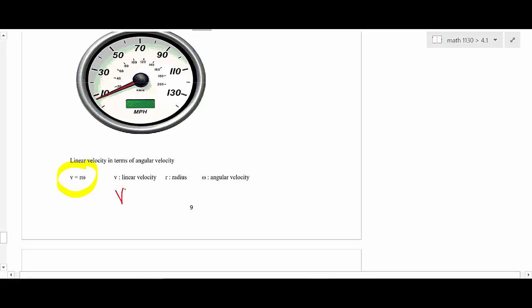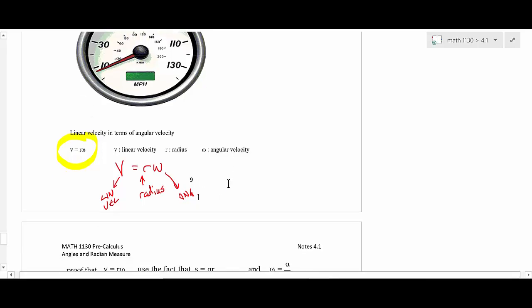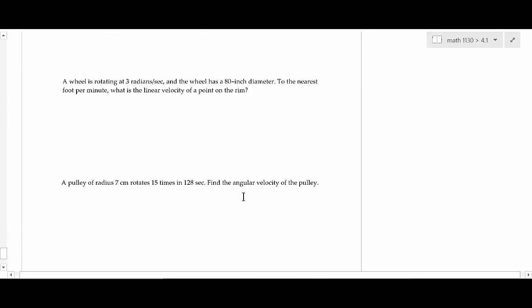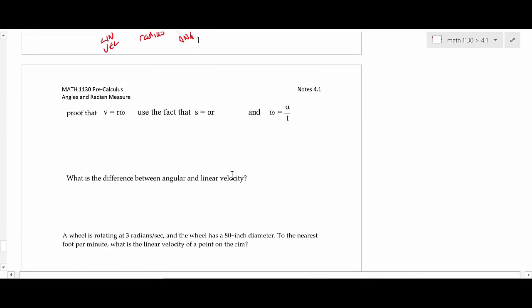If you have this formula V equals R omega, V is your linear velocity, so that would be something like miles per hour. R of course is your radius, and omega is your angular velocity. They are connected, and you're going to use this formula a lot when solving problems involved in this. So let me show you where this formula comes from, and then I'll finish this section up with just a couple of examples.